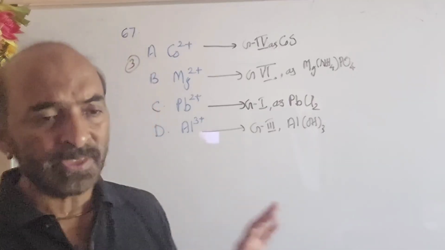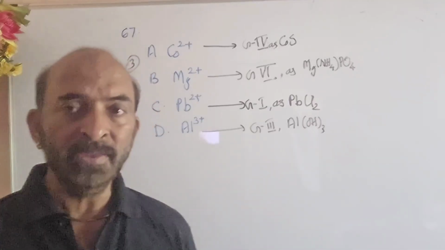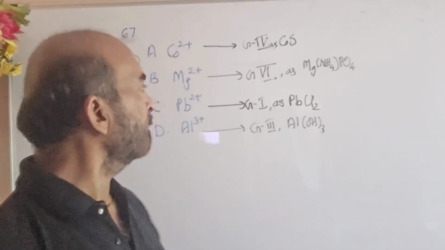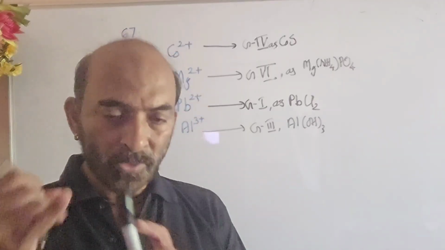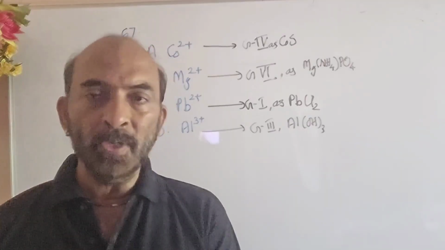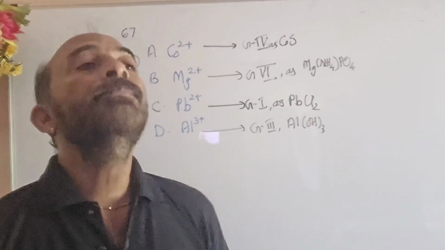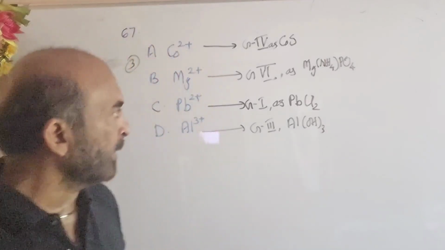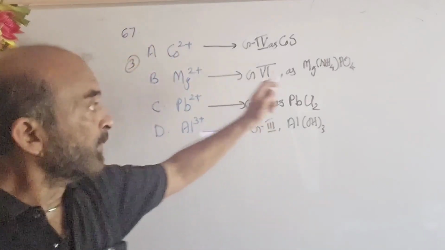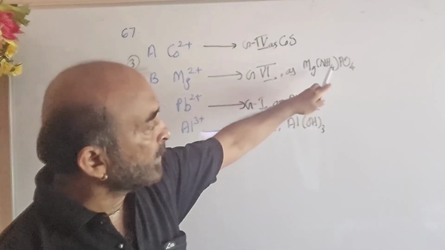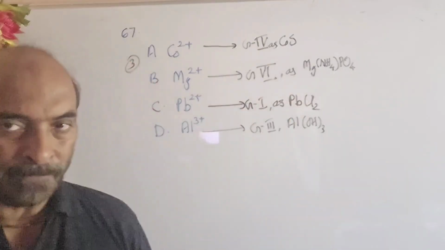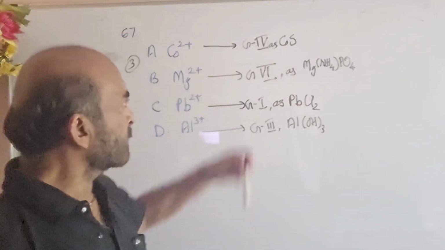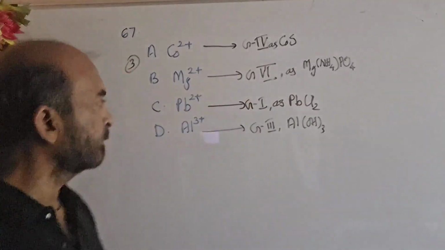That's why they come towards the end of the analysis. What is the reagent for precipitation of magnesium? Here also ammonium chloride, ammonium hydroxide, then sodium dihydrogen phosphate, NaH2PO4, is added. Then magnesium ion is precipitated as magnesium ammonium phosphate, a white precipitate. So magnesium ion precipitates in the sixth group.